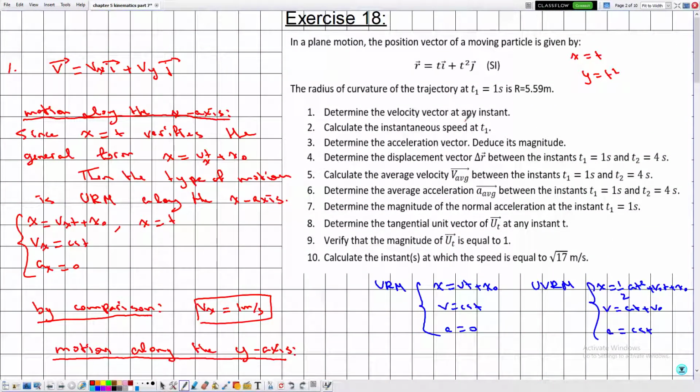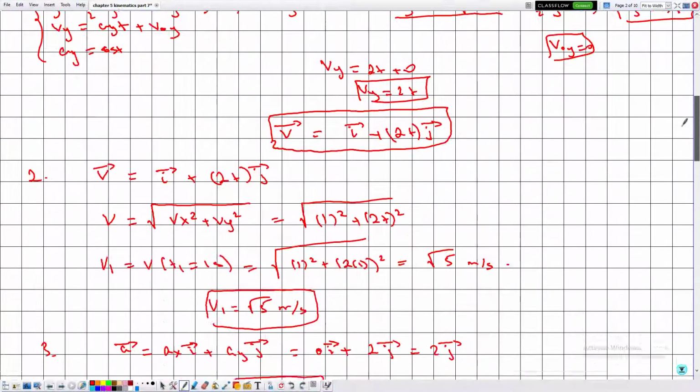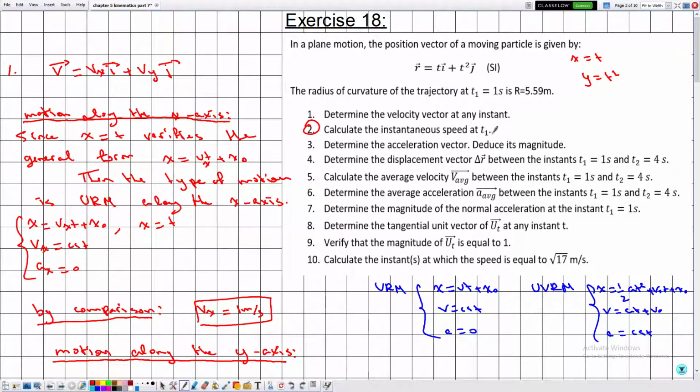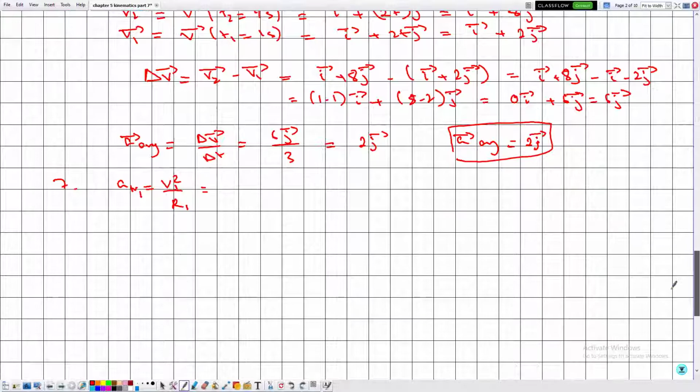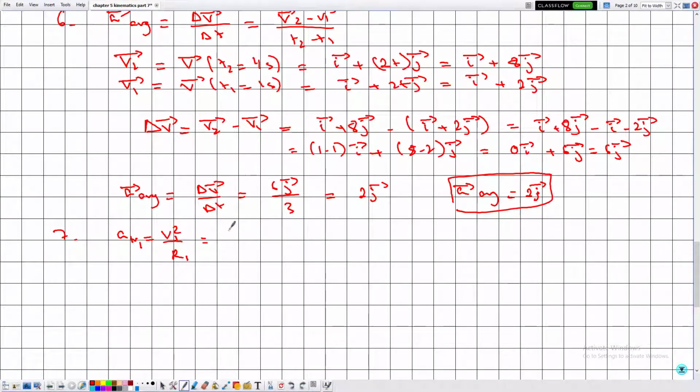Okay, we have computed in part 2 the speed at t1, which is given by radical 5, and the radius at this instant is given by 5.59 meters. So radical 5 to the power 2 divided by r1, where the value of r1 is 5.59.